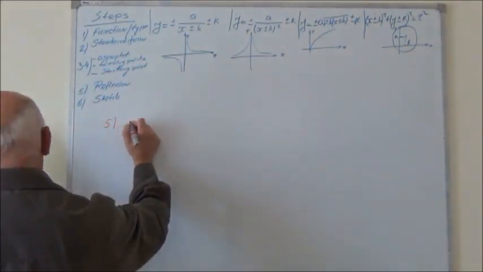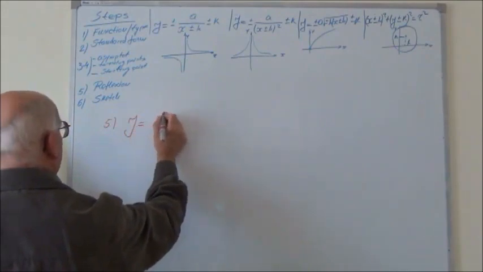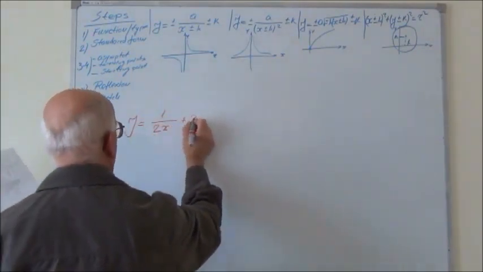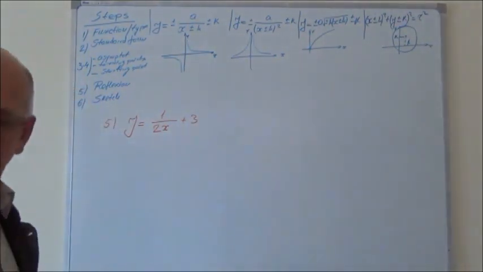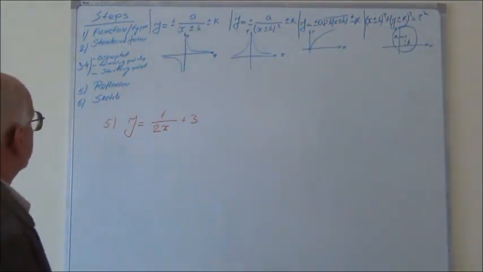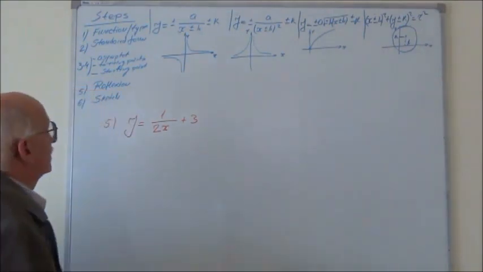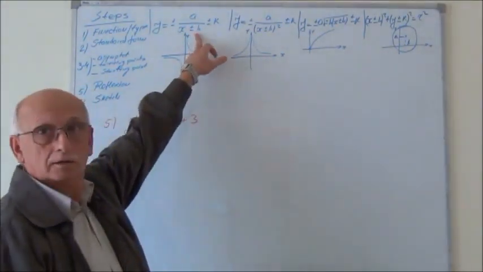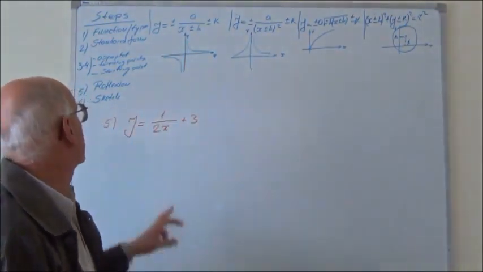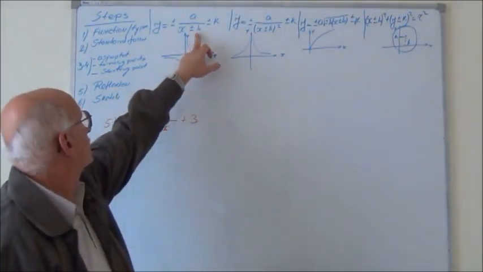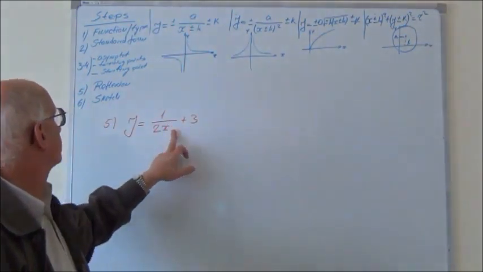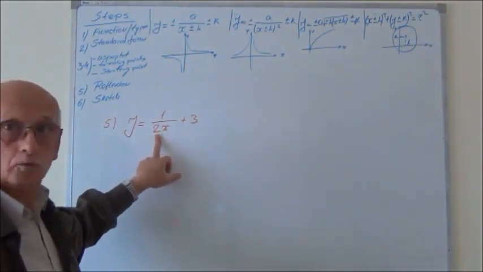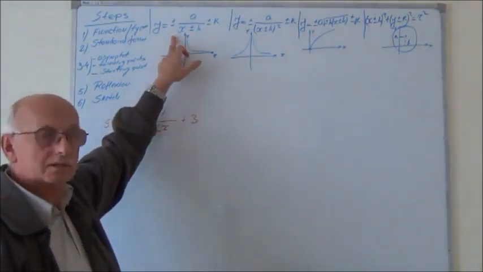Question 5 is y equal 1 over 2x plus 3. Why did I choose question 5? Because it looks a little bit different from this form here: here we have plus or minus h, but here we have nothing, and there is also a number, 2, in front of x that multiplies x.